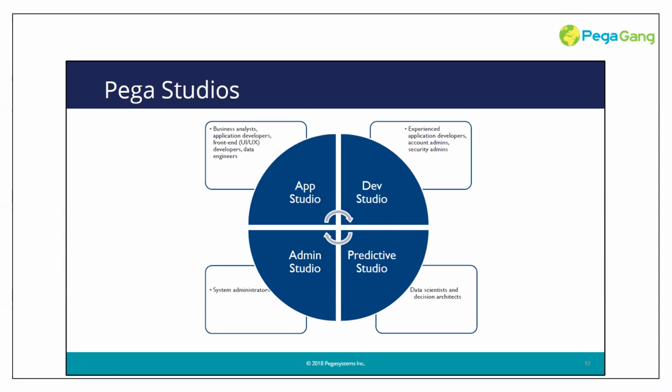In the App Studio, we have a lot of features provided, especially for the developers. We have a designer studio. All the project artifacts will be captured in that App Studio. Whereas in the Dev Studio, it becomes a bit technical, where the experienced application developers and the administrators will be working on that Dev Studio.